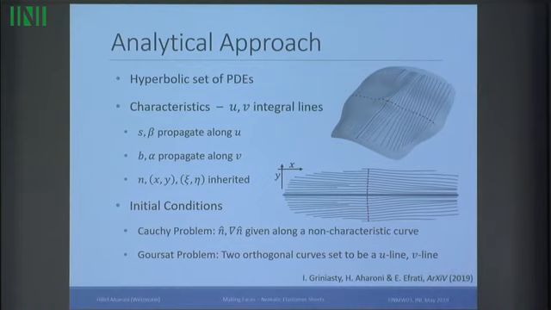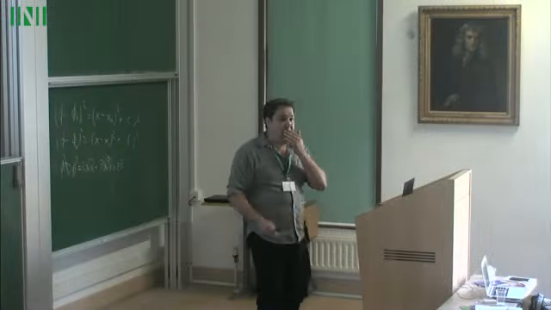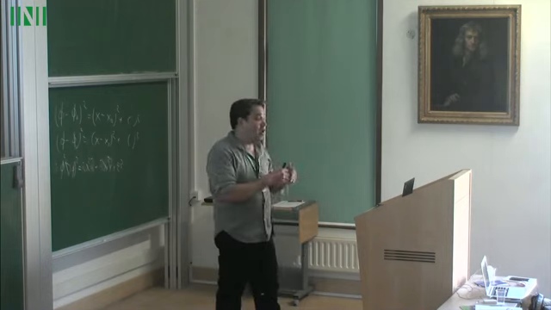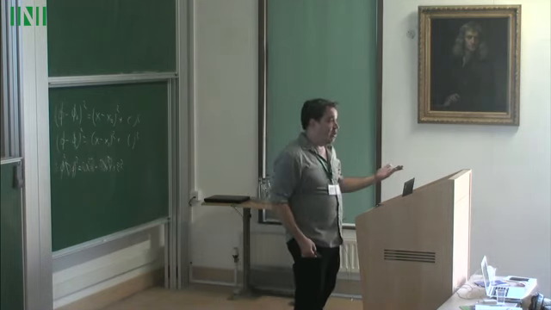And by changing my initial condition, by deciding on a different curve, or if I set up a Cauchy problem by deciding on a different director along this curve, I can browse through all of these local solutions.